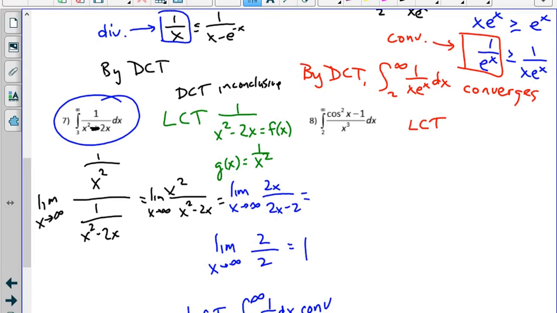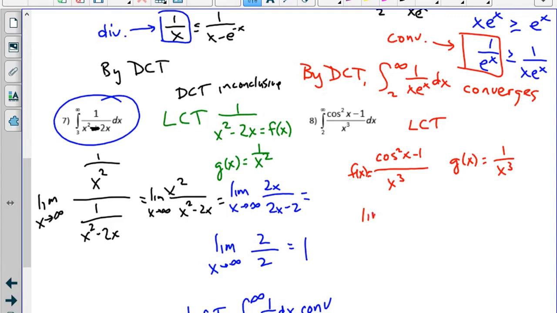So I would probably try cosine squared x minus 1 over x cubed as your f of x, and g of x, I would try 1 over x cubed, which you know converges.